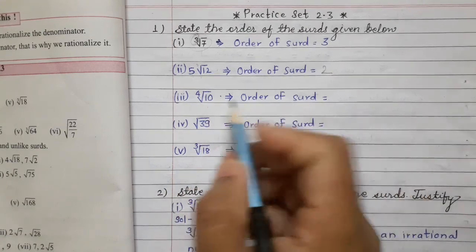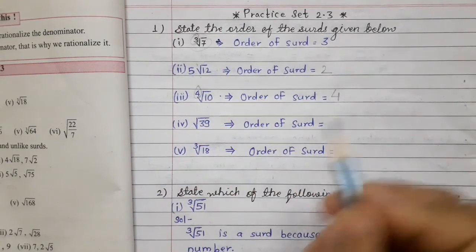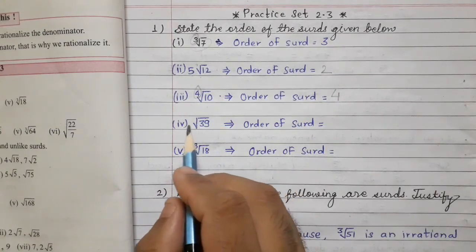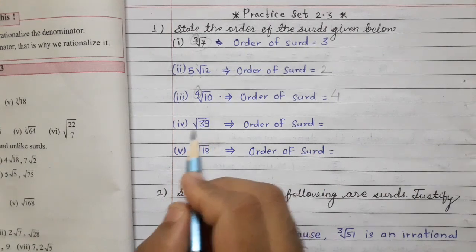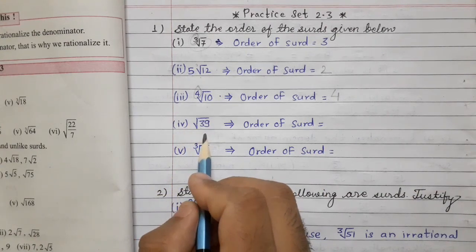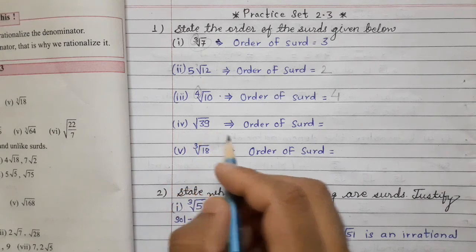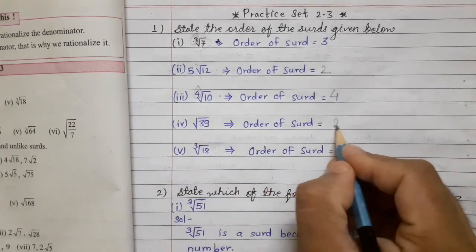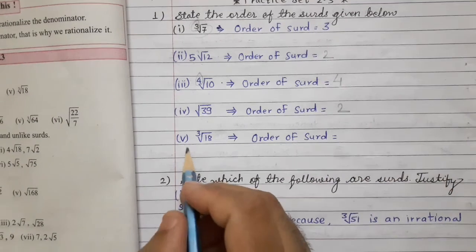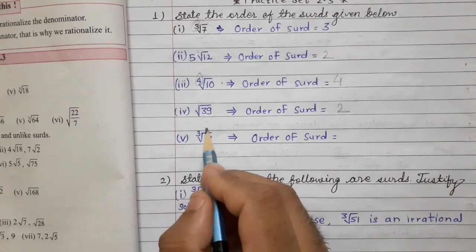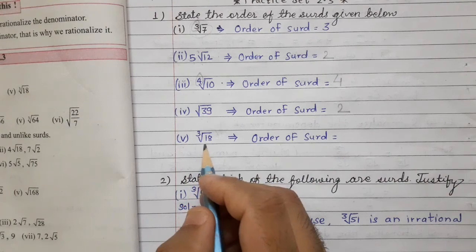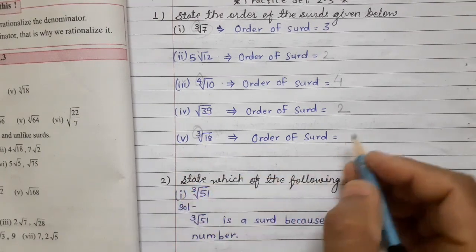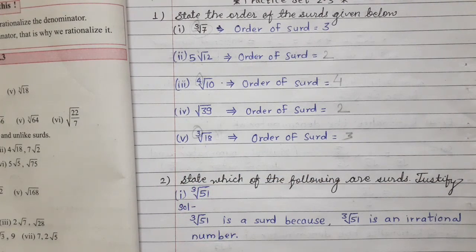Then the order of the surd is 4. Sub question fourth, square root of 39. It is the square root of 39, so the order of the surd is 2. And sub question 5, cube root of 18. So the order of the surd is 3.